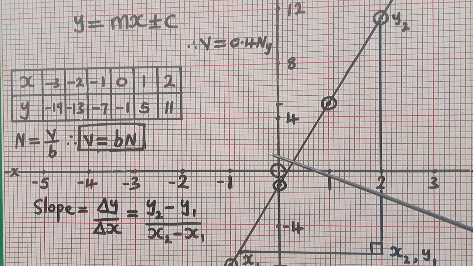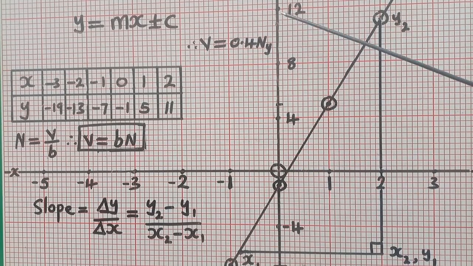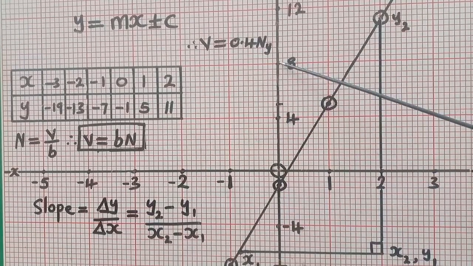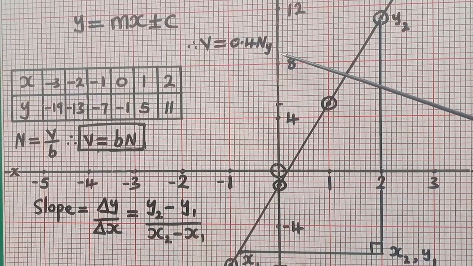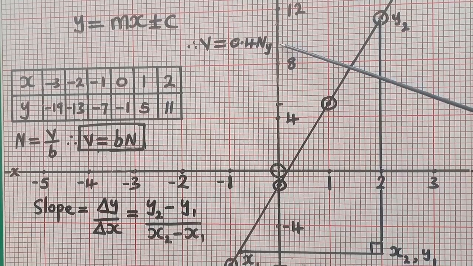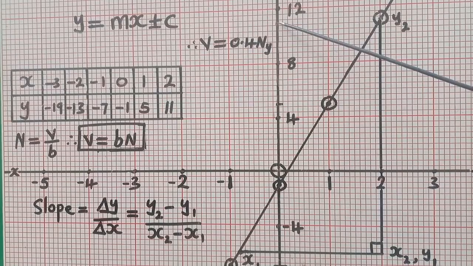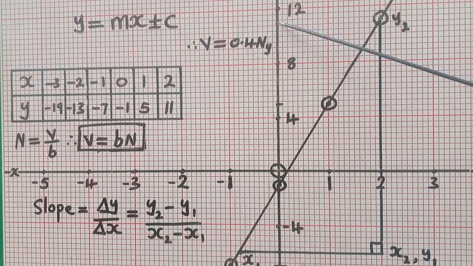From here to here is 10. Here to here is 10. That is 20. Then 21, 22, 23, 24, 25, 26, 27, 27 and a half. That is 27.5. So ny is equal to 27.5.